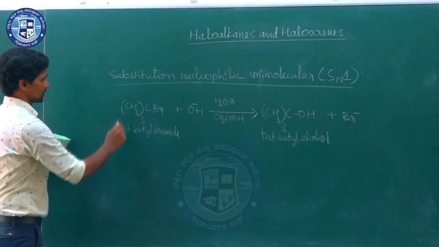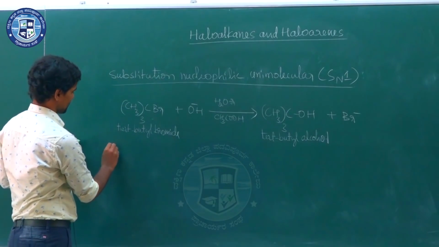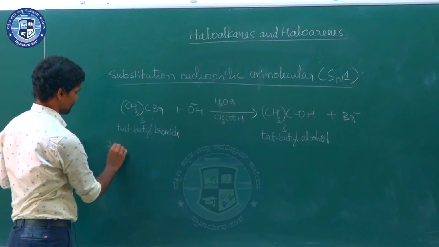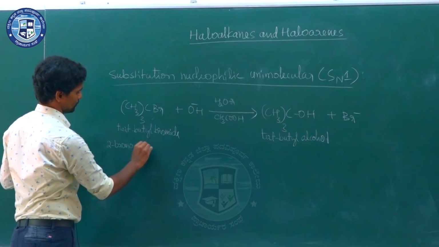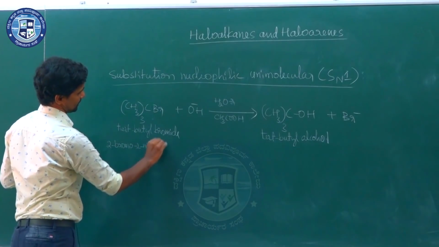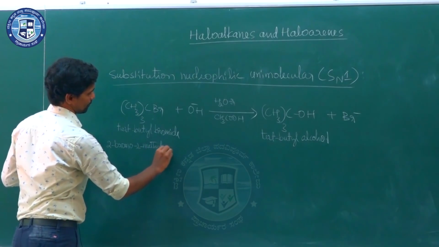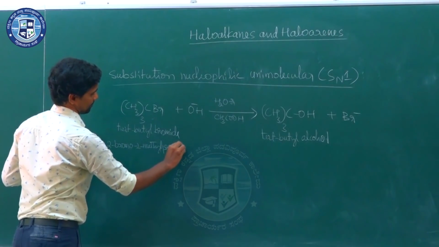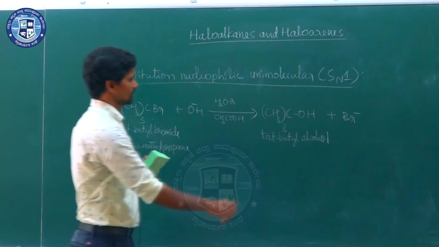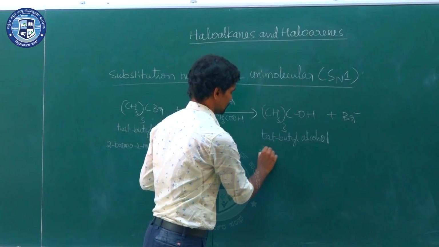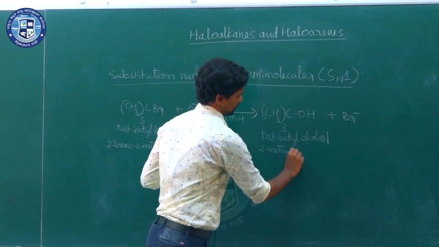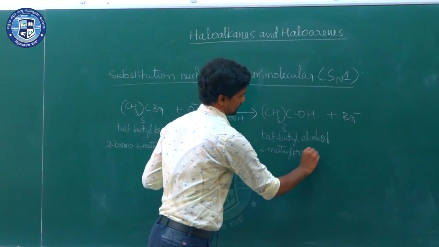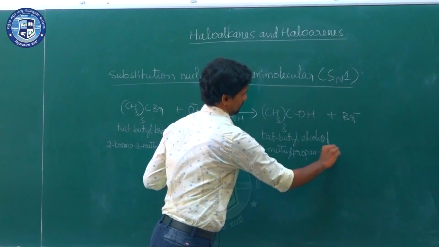And if you want, you can write the IUPAC name, that is 2-bromo-2-methylpropane. Here it is 2-methylpropan-2-ol.